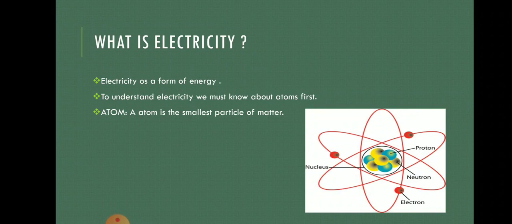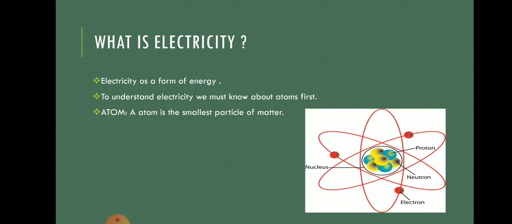In the same way, the structure of an atom has a nucleus which has two particles in it, that is protons and neutrons. Protons carry positive charge, neutrons are neutral, they don't have any charge, and the ones which are revolving around the nucleus are the electrons, which have a negative charge. So these are the three particles that make up the atom.